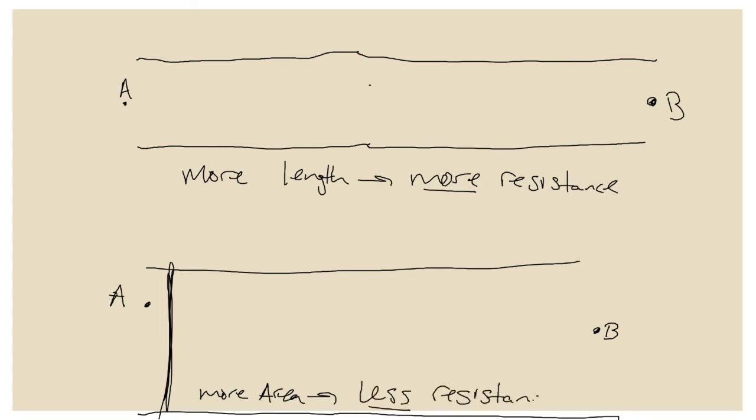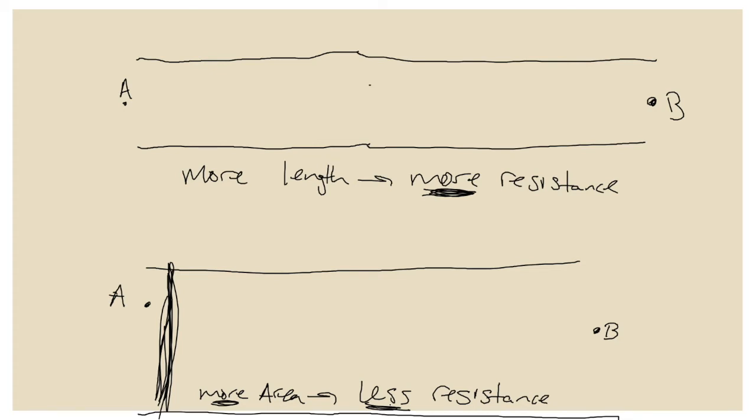That should make sense. If the electrons have farther to go in a wire, it's harder for them to get from one point to the other. So more length means more resistance. But if the wire is fatter and there's more side-to-side area for the electrons to flow, then more area is going to mean less resistance. And now we can use this information to think about what the equation is going to look like.